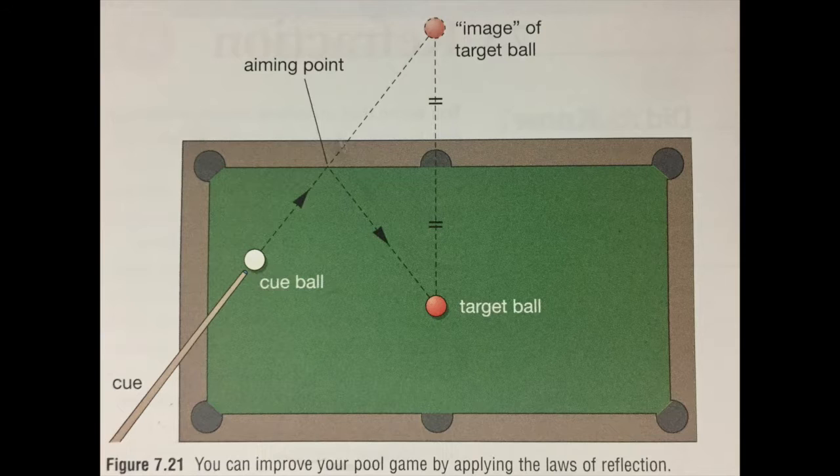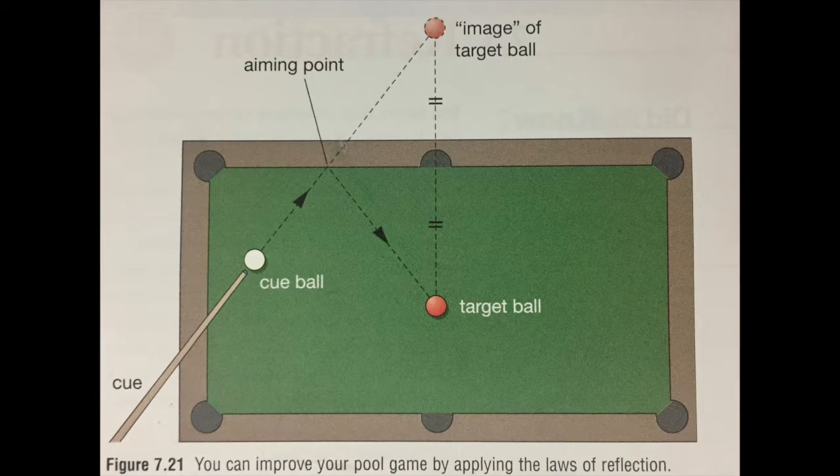So you see that the target ball in red is equidistant from the cushion as is the image of the target ball. So you're actually shooting towards the image, and then that will automatically come back and reflect to the target ball. Very cool.